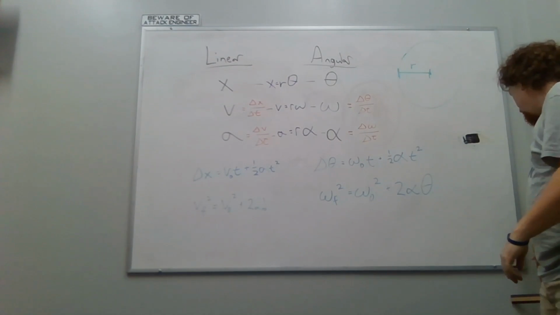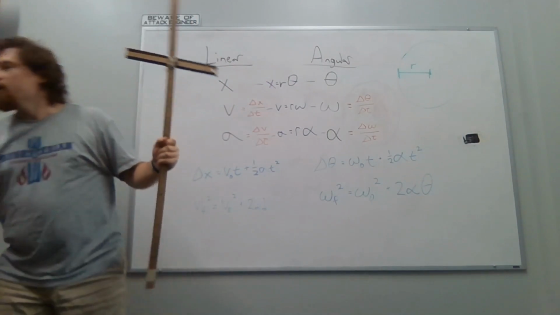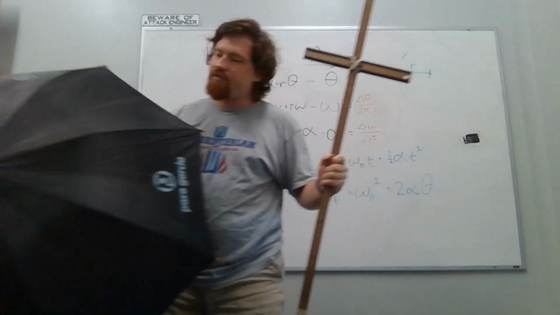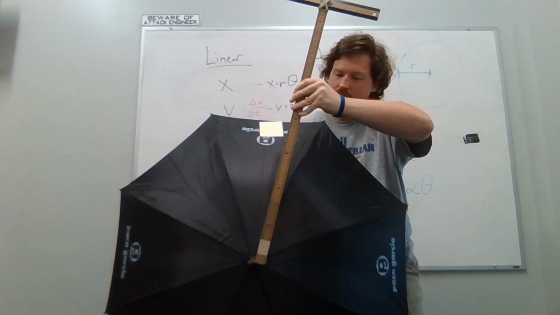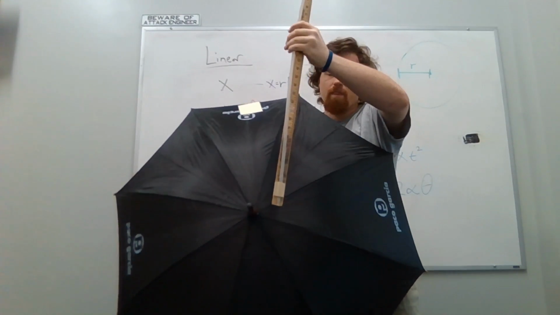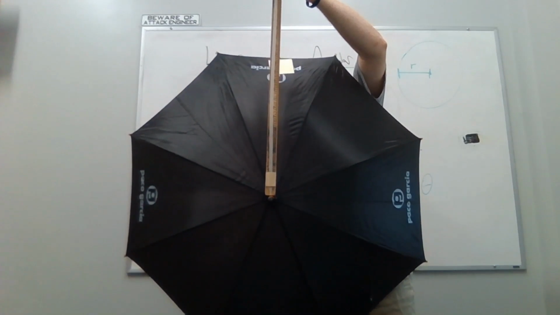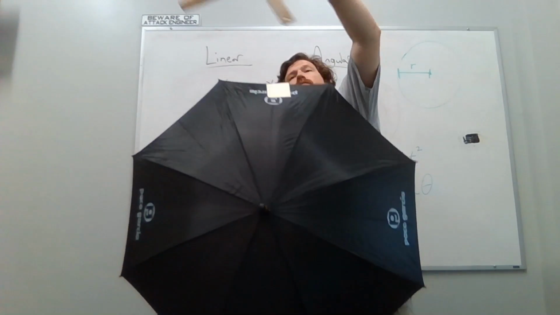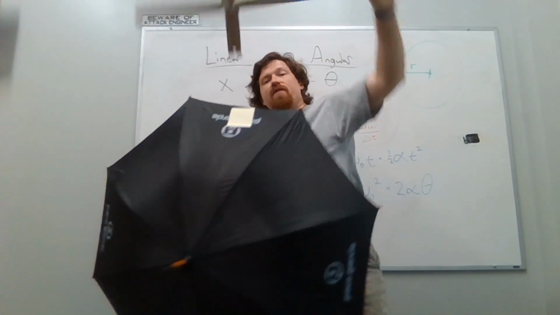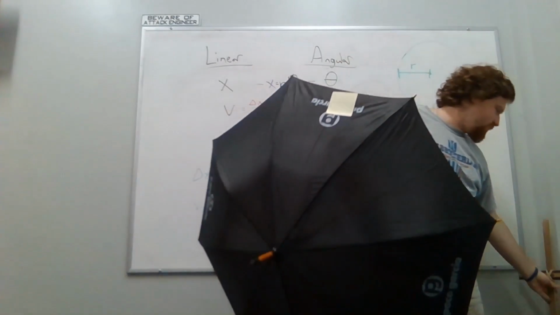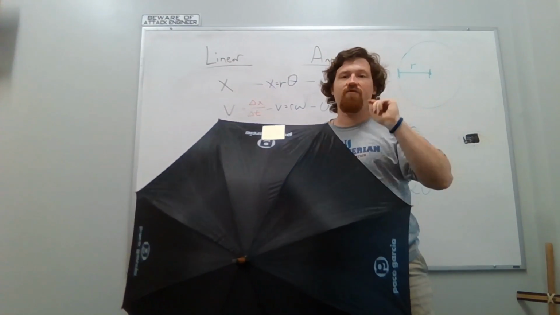So if I'm going to take my handy-dandy meter stick, and I'm going to try to measure the radius from the center of my umbrella to the sticky note, it might help if I was starting from the right end of the meter stick. Yep, it looks like about 50 centimeters. So the radius from here to the sticky note is 50 centimeters.